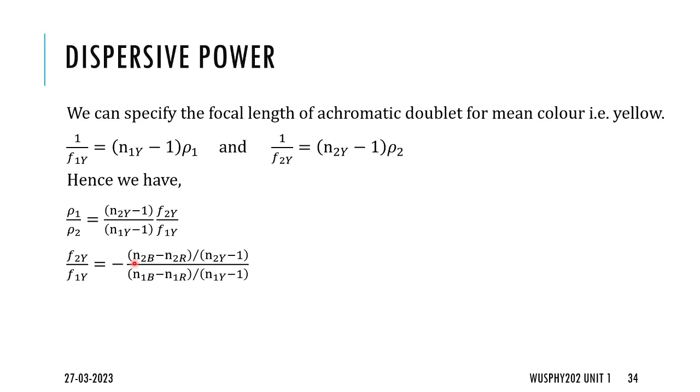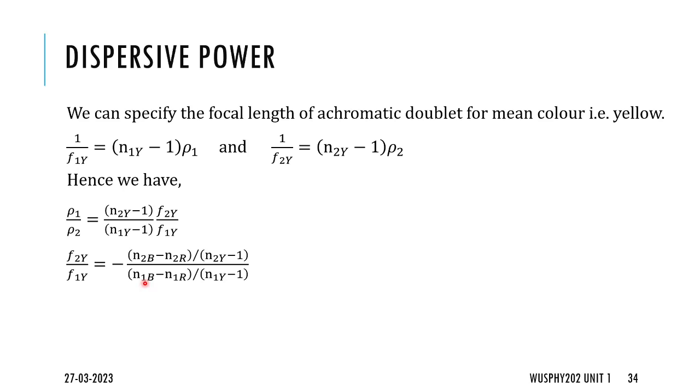Now see one thing here: the numerator contains everything for the second lens, the denominator contains everything for the first lens. That is something very important. So what is this numerator here? It is refractive index for blue color minus refractive index for red color divided by refractive index for yellow color minus 1.